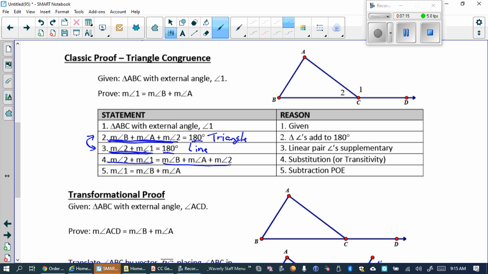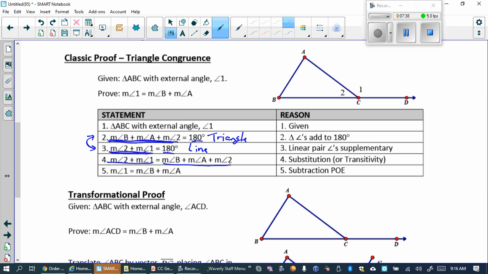So now, how do we get from this line right here to this line? Go down a line. Then a little bit more. On both sides of these equal signs here, what do they have in common? Is there something that's the same on both sides? The measure of angle 2 is in both sides.